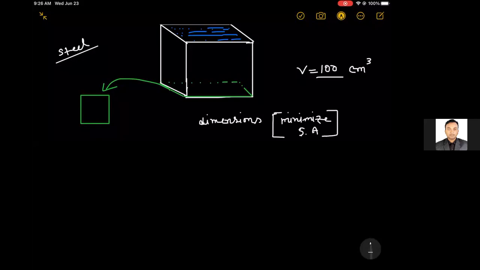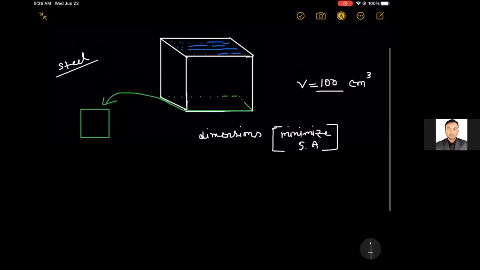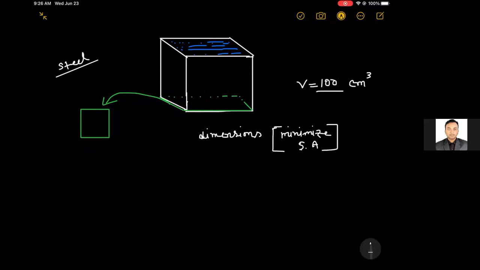Now, it's a cuboidal shape, right? If you consider it in three-dimensional space, we now need to consider all three dimensions, that is length, width, and height, right?